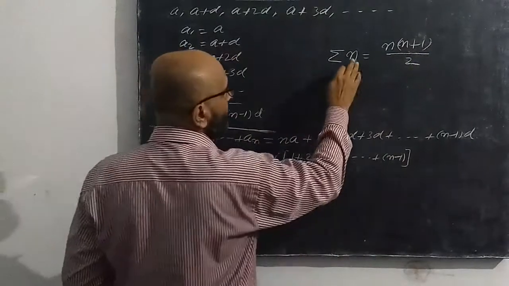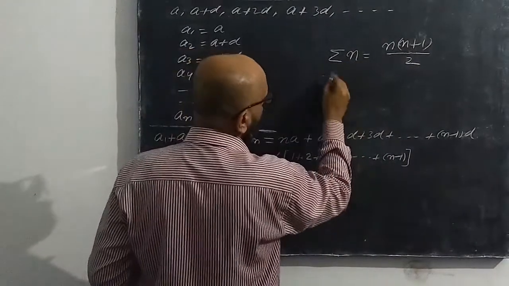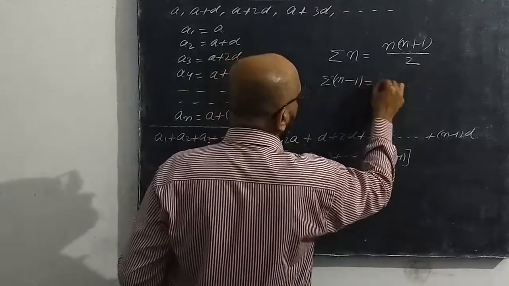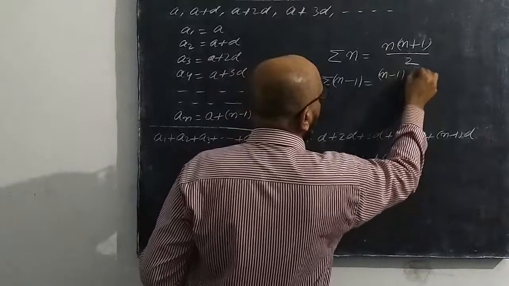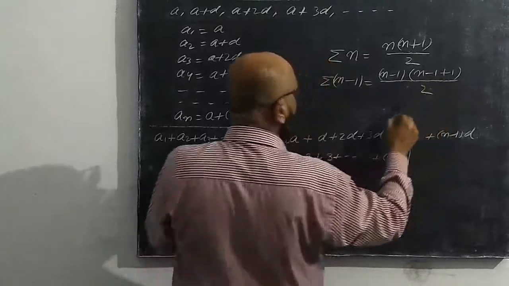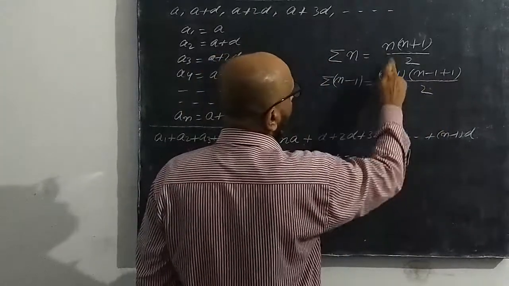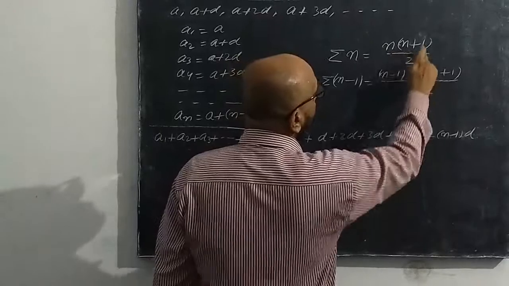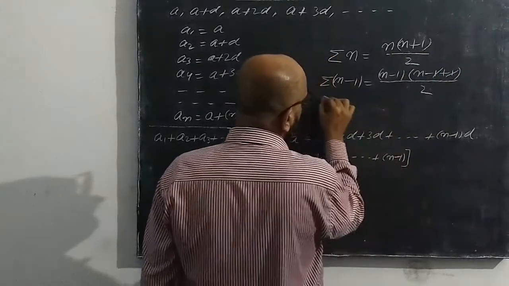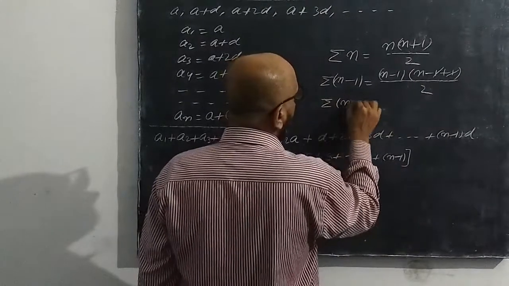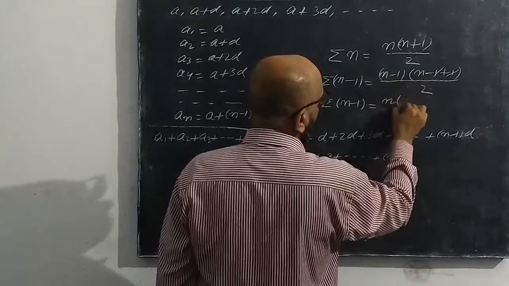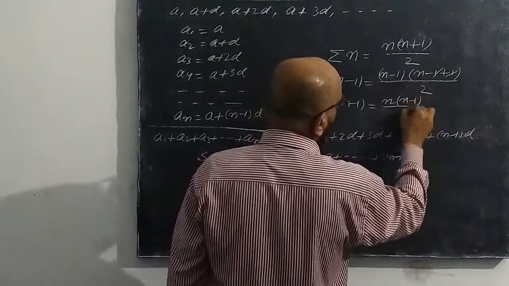So if we replace n by n minus 1 in this formula, we have sigma n minus 1 is equal to n minus 1 bracket n minus 1 plus 1 upon 2. We have substituted n with n minus 1, so this is n minus 1 and here n minus 1 plus 1. This minus 1 and plus 1 cancel and we get sigma n minus 1 is equal to, here n is left, so write it first, and the bracket n minus 1 upon 2.